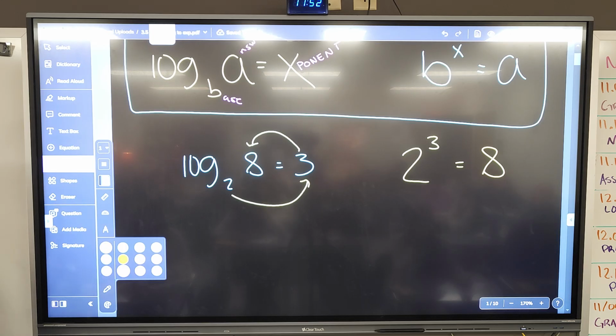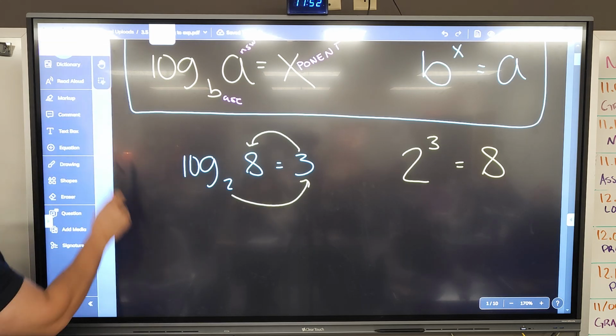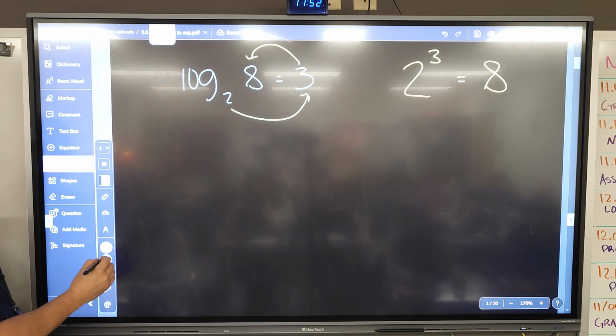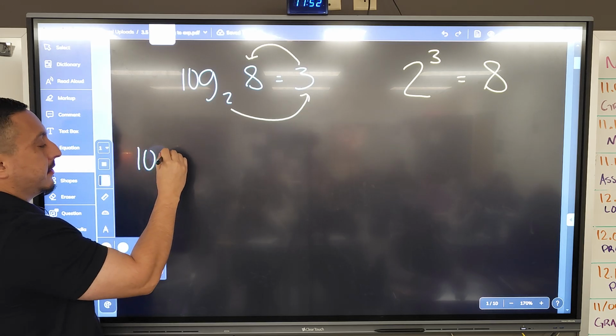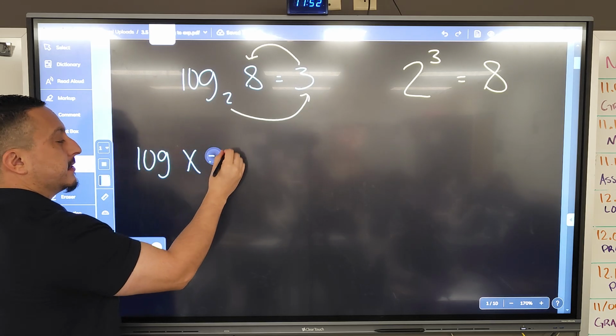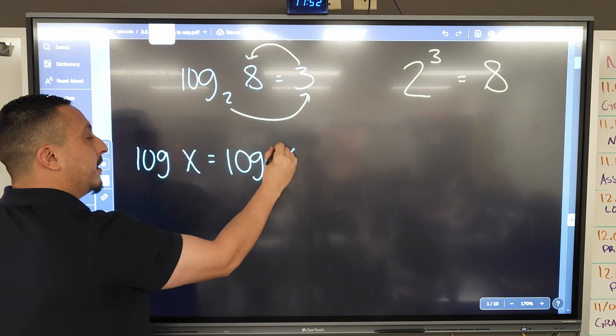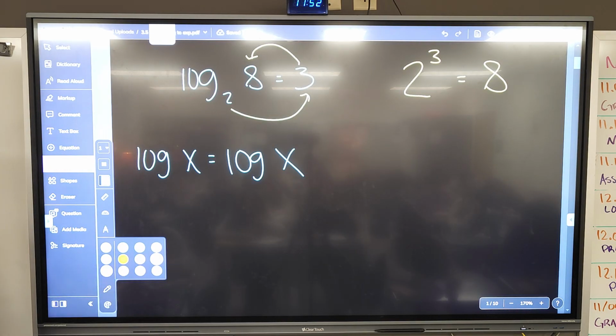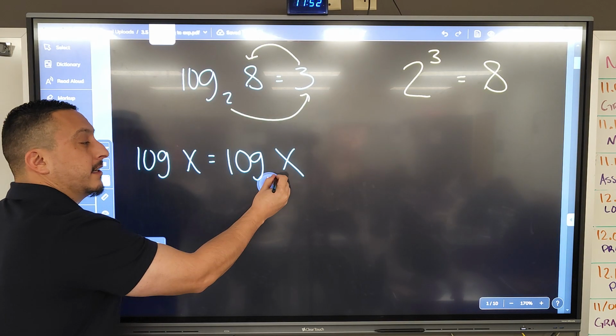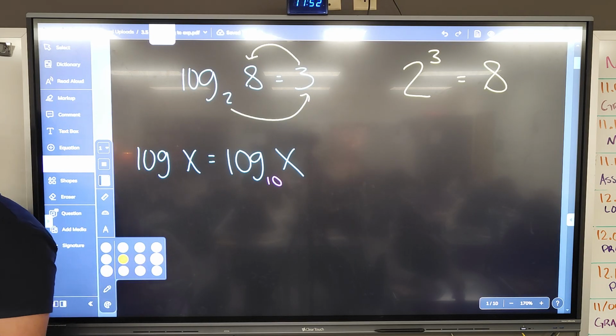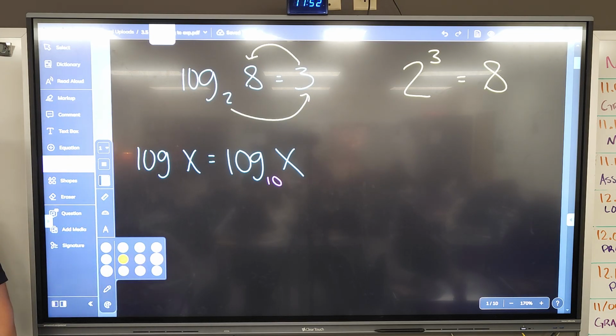Yeah? Okay. And then two definitions that will play a big role again today. Log of x is the same as log. What base is it if it doesn't have a base? If I remember, 10. So remember, you do have to know that. If it doesn't have a base, it's base 10.